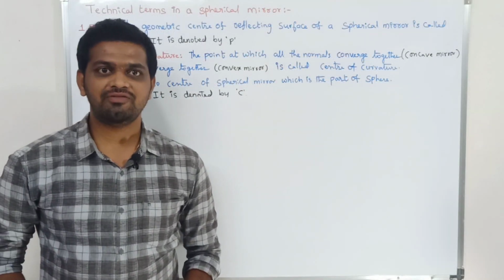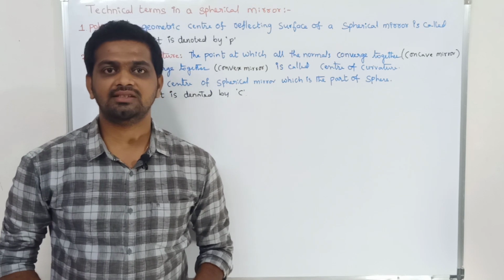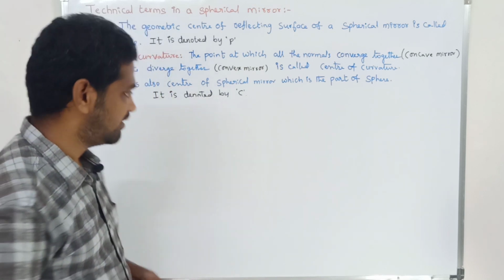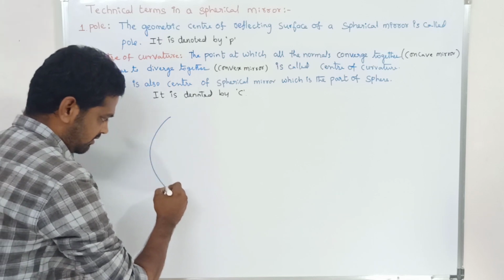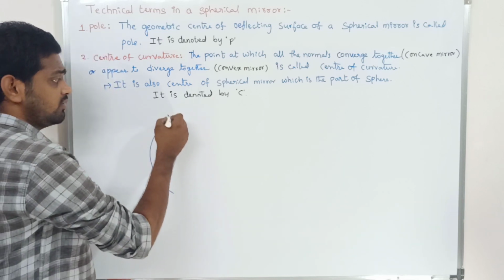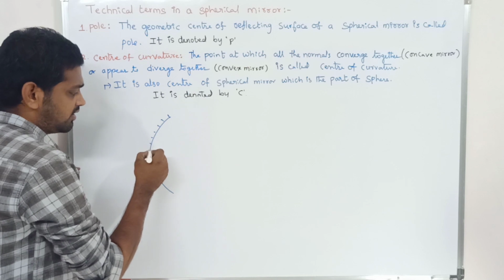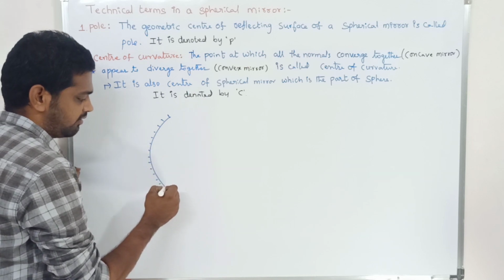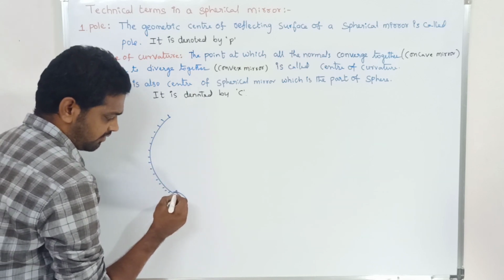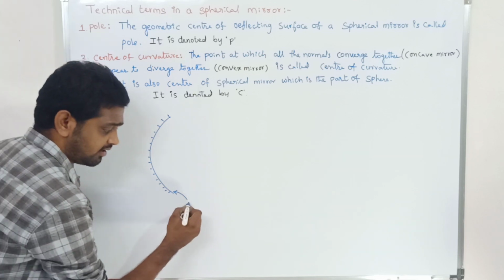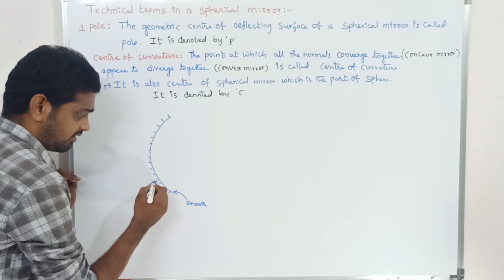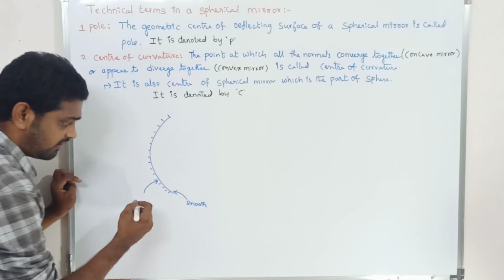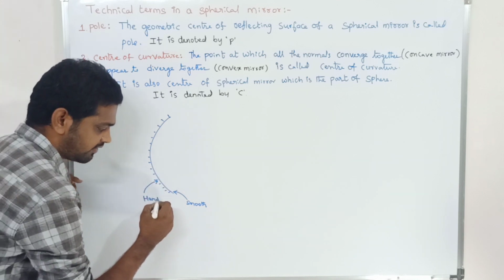Coming to the definition of pole: the pole is the geometric center of a spherical mirror. If you take a concave surface, since it is a mirror, it has paint on one side, and the other portion reflects, so it is the smooth surface. The side you coated with paint acts as the hard surface.